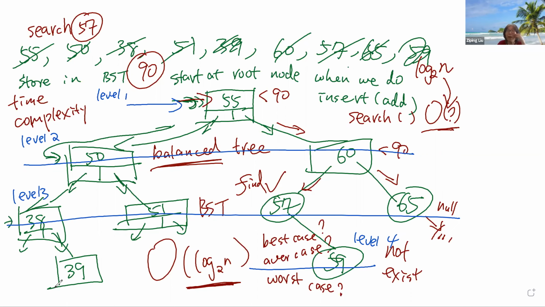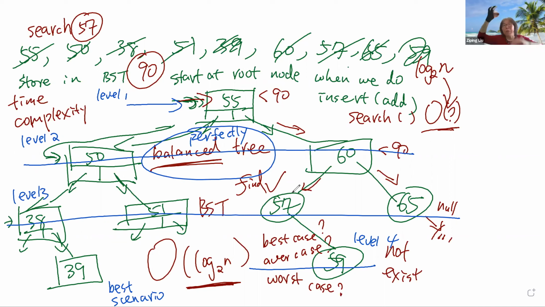So anyone get the idea how we find the number of levels for a binary search tree? Also the best scenario. For a perfectly balanced tree, how do you find the number of levels?